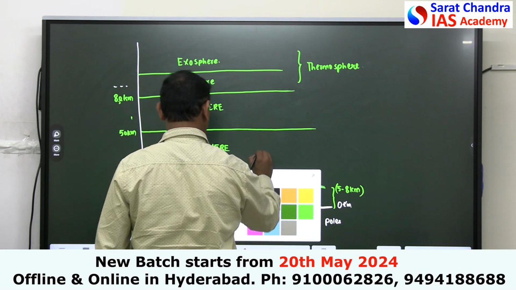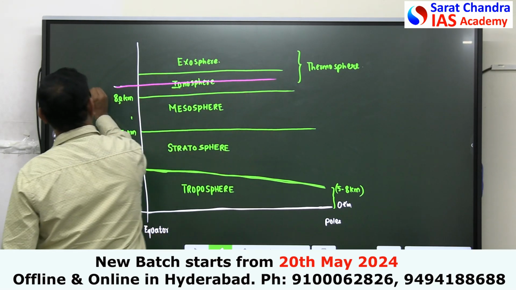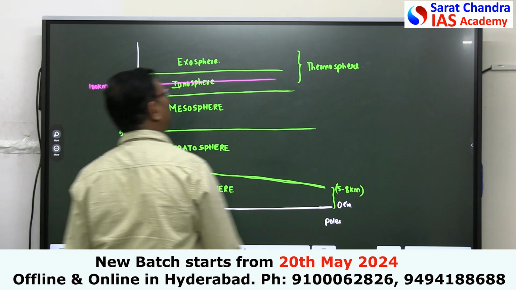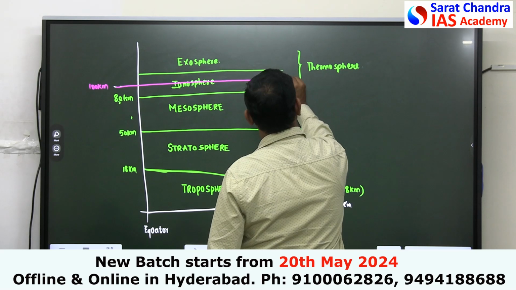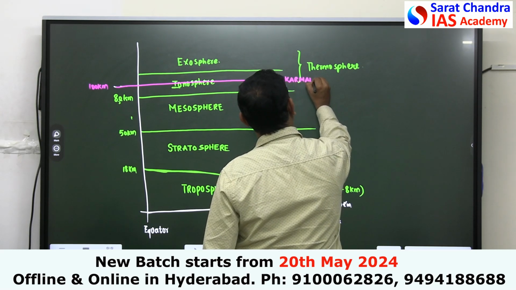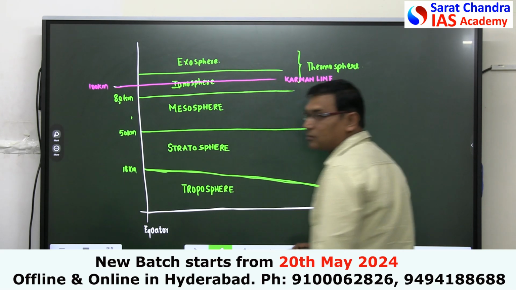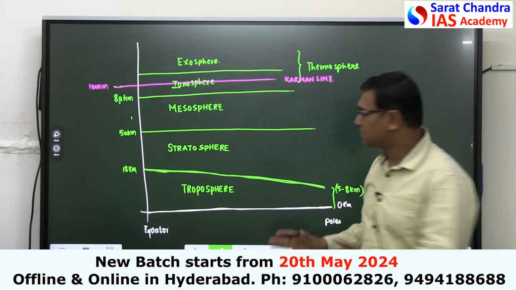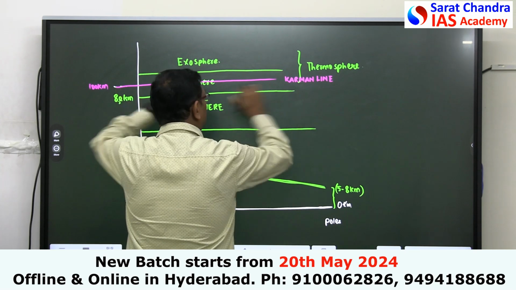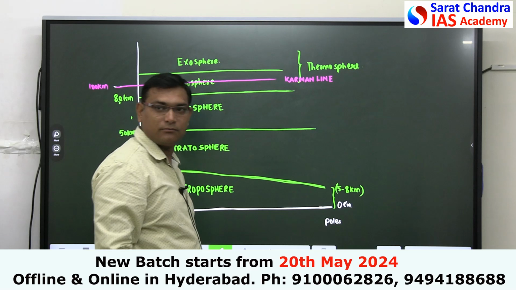Take a different color. This 100 kilometer is called the Karman line. That means those countries which come under this boundary, if this is a country up to 100 kilometers, the sovereignty over the space is claimed by that country.